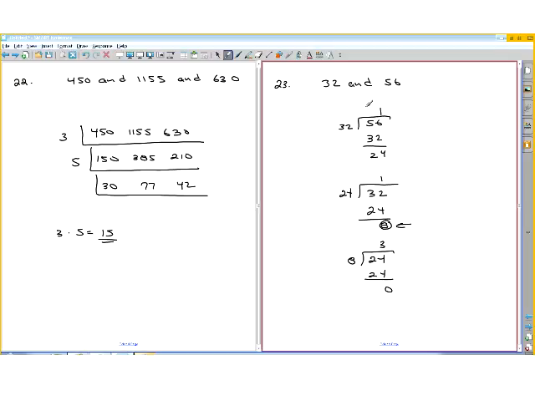Okay, so let's do this again. Same problem, just think about it. So you take the larger number divided by the smaller number. You get a remainder. You take that remainder, move it to here, and you take this number and move it to there.